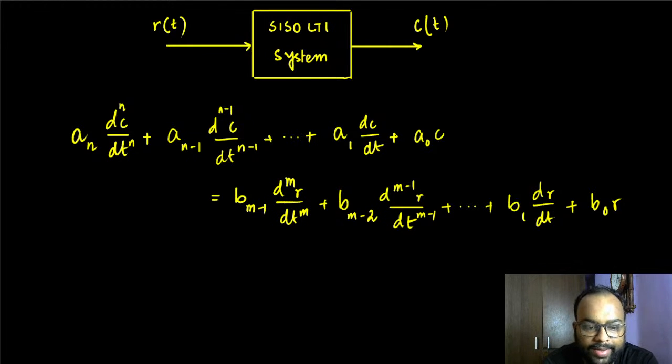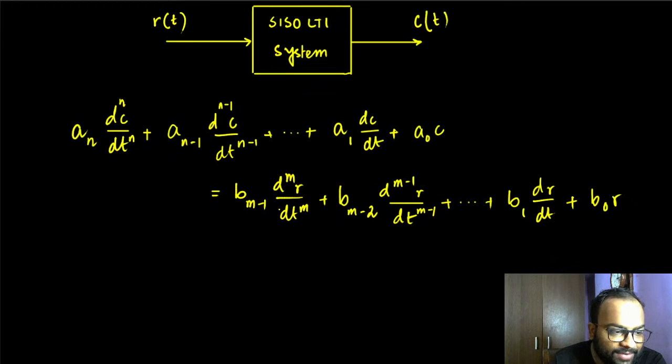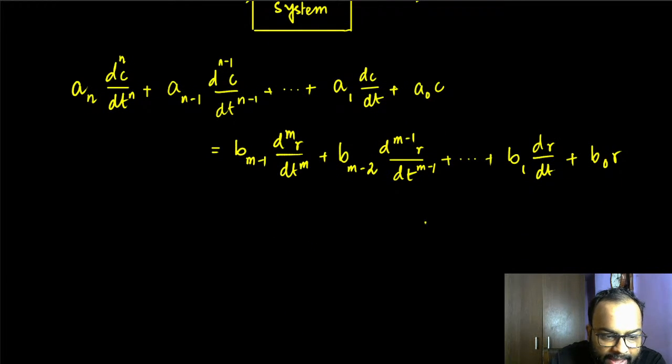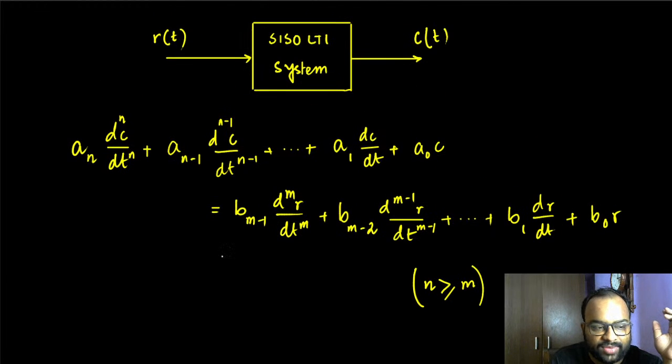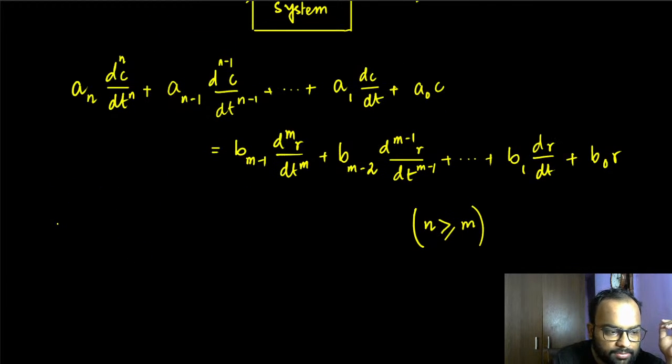Right. So this is something we already have seen, right? So this is an nth order differential equation, and of course we say that n is greater than or equal to m, for standard systems here. And we of course discussed why this is necessary, and we shall discuss a little bit more on this. Now of course, if this is a linear time invariant system, these coefficients are all constants.